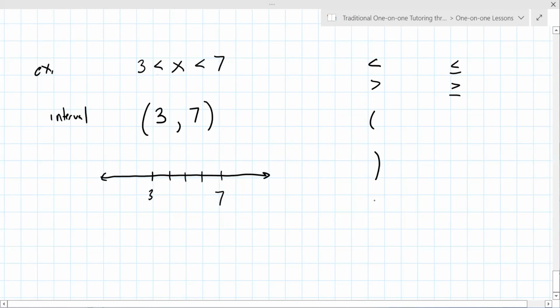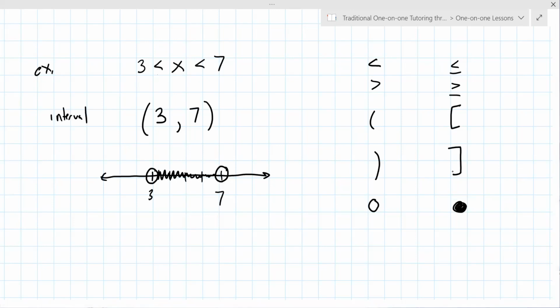And because it's a parentheses, because it's a less than and a greater than, use an open dot on both of those points. Okay. And then you shade everything in between. Now, a couple more things on the right here. It's a filled in dot. So let me move that down. And then you'll end up using brackets for these other ones.